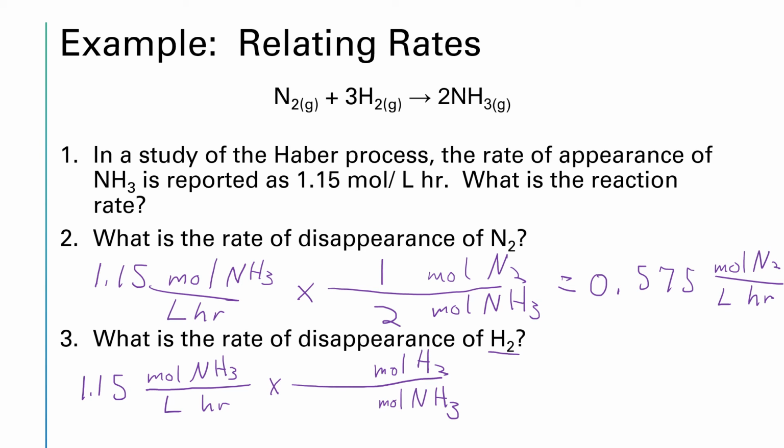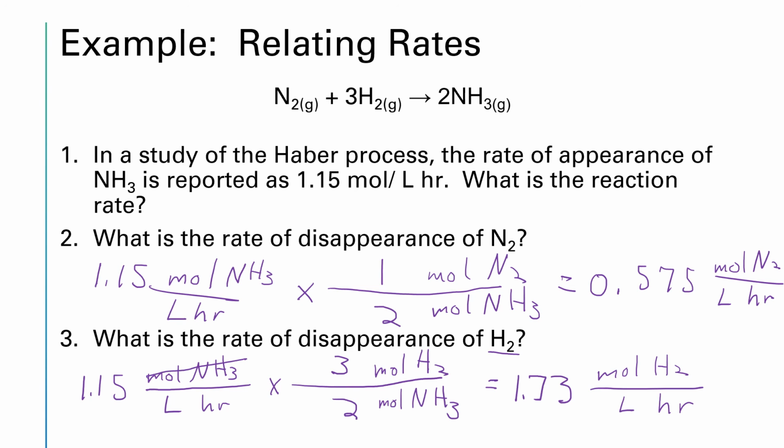When we look at the coefficients in the balanced equation, ammonia has a coefficient of 2 and hydrogen has a coefficient of 3. And so this is going to be 1.15 times 3 divided by 2, which is going to give us 1.725. Probably should just keep 3 sig figs, so 1.73 moles of hydrogen per liter per hour.